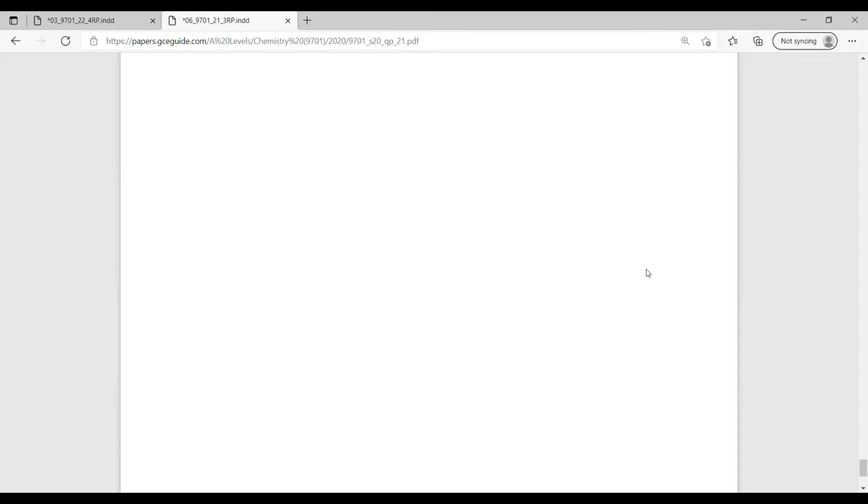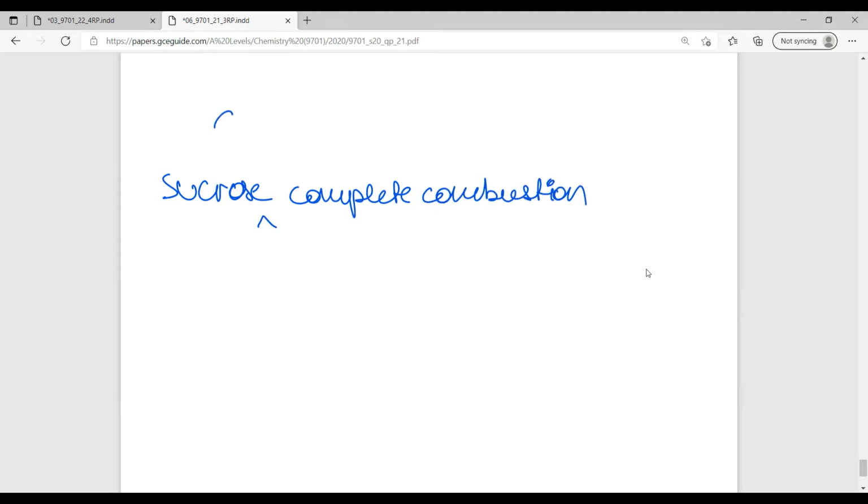So, sucrose, complete combustion. And the molecular formula for sucrose is C12H22O11. For those of you taking bio, this compound is pretty familiar, right?